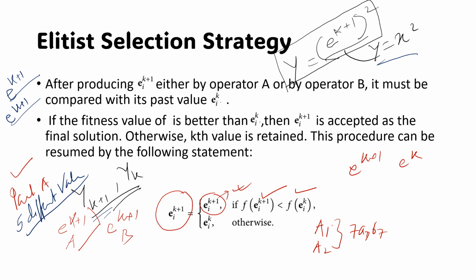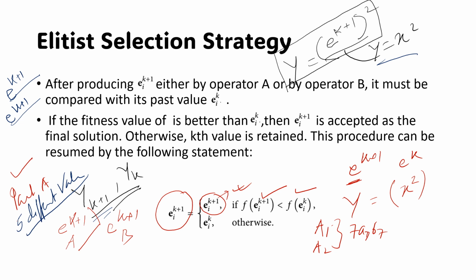So in case of current iteration and future iteration, you'll also have a value of y, correct? Because these e, k plus 1s are actually x. So we'll have another y, which has a very simple design. Y is equal to x square.